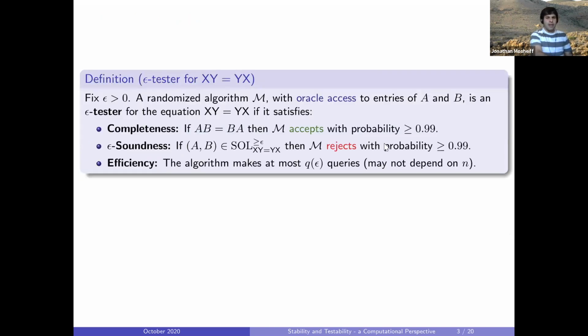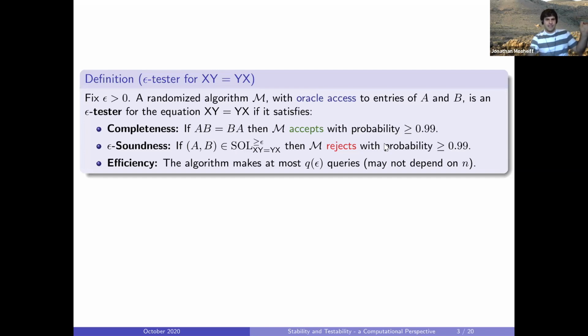And now we want to be able to do this in a very limited number of operations. So let's define what exactly we are looking for, what sort of algorithm we want. For a given epsilon, an epsilon tester is an algorithm that can query entries of these permutations.